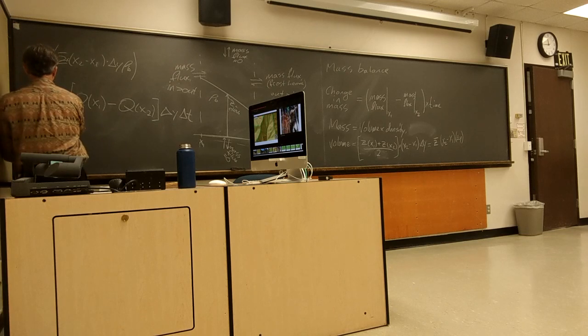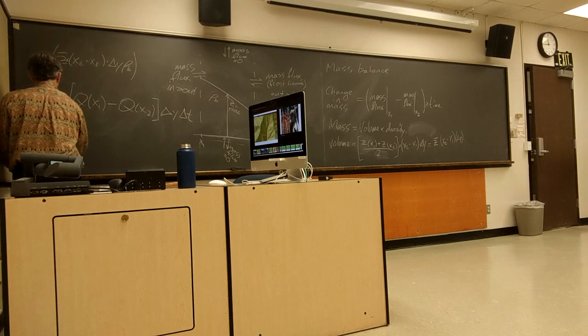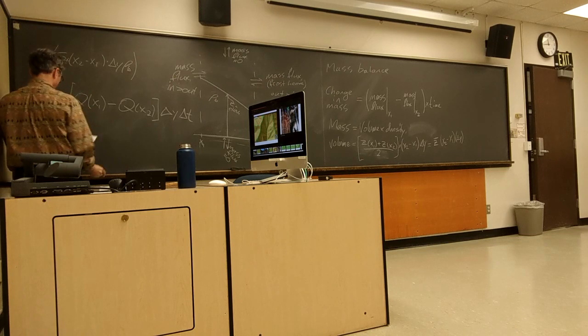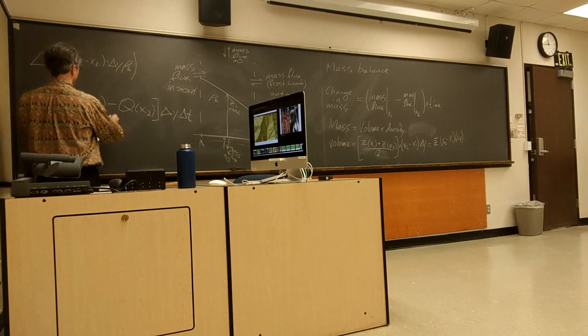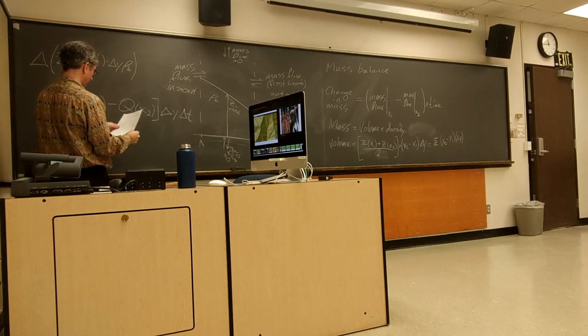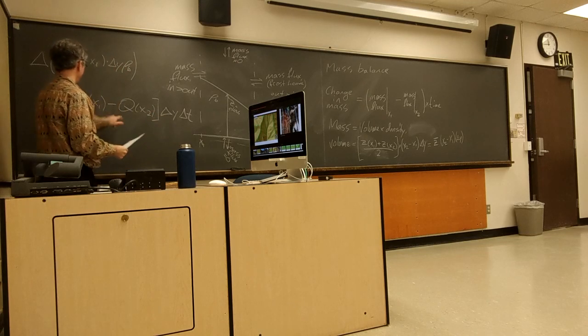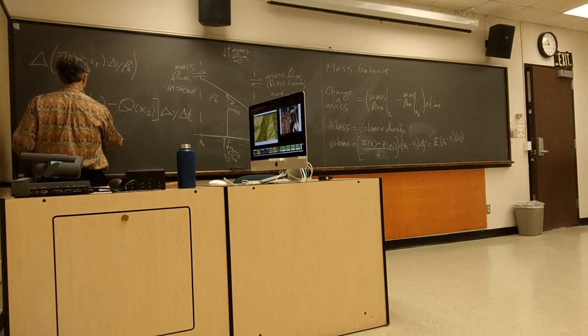So that gives me delta z bar over delta t equal to, the other thing I'm going to do is reverse the order of these q's. So I'm going to have to have a negative sign.